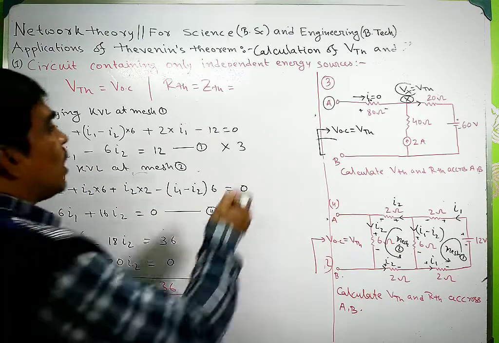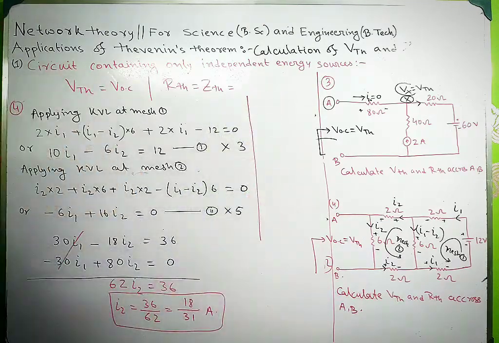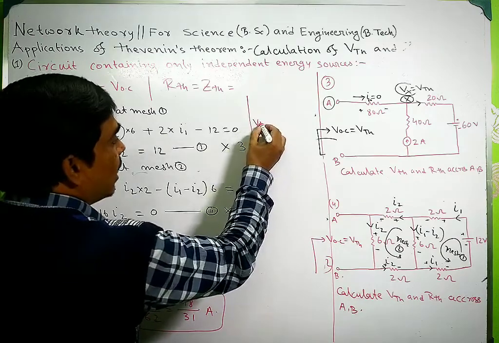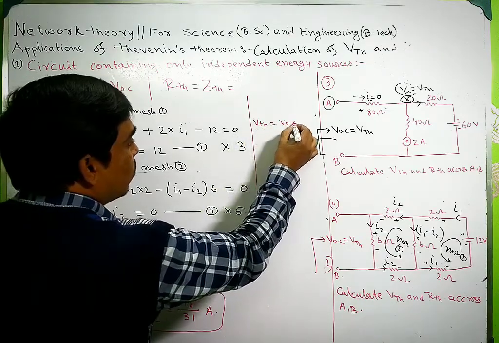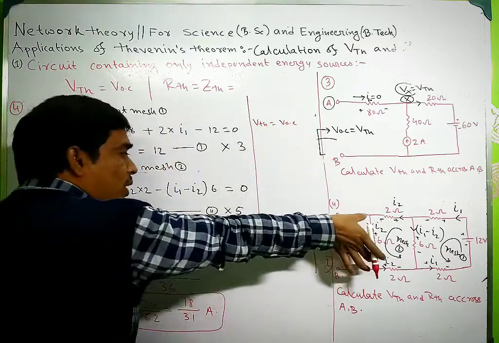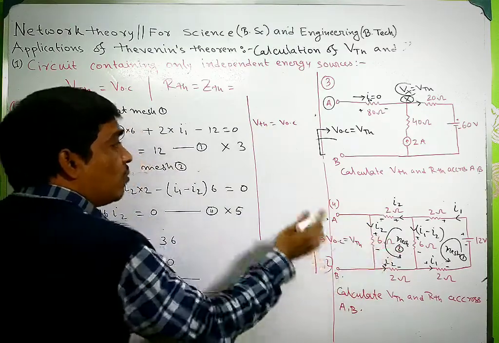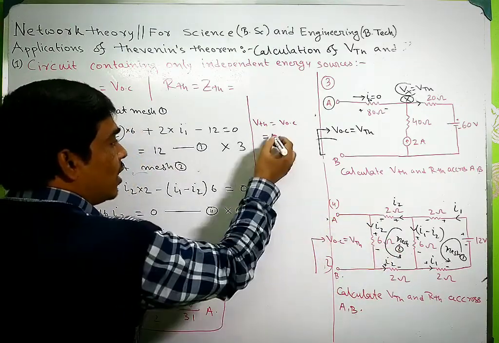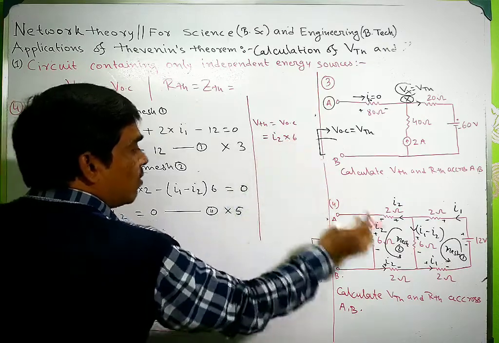Now how to calculate the VTH? VTH equals the VOC, the open circuit voltage. So the voltage across this 6 ohm resistance will be I2 multiplied by 6.